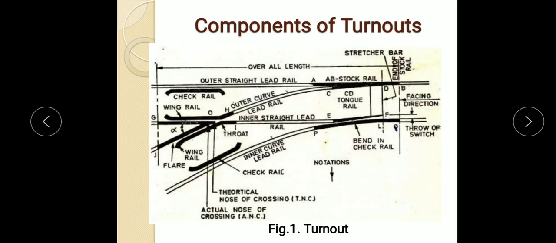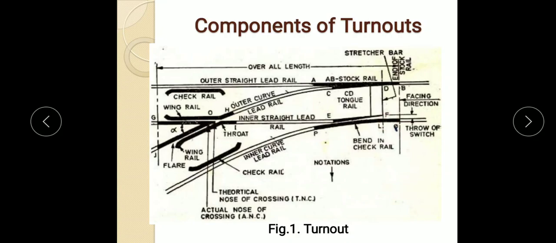Figure 1 shows the various components of turnouts, in which we can see a pair of points or switches is provided. So here A, B, C, D and E, F, P, L is a pair of points or switches, which is already discussed under the heading points or switches.